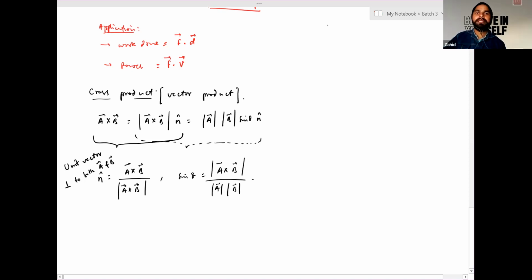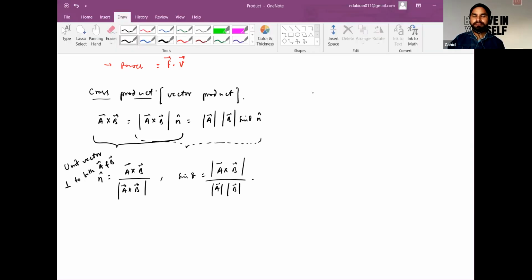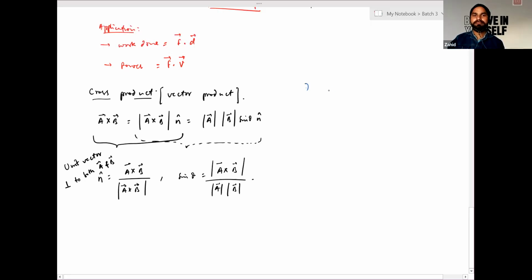Now I'm defining this first for unit vectors. I cross I will be |I||I| sine theta n cap.